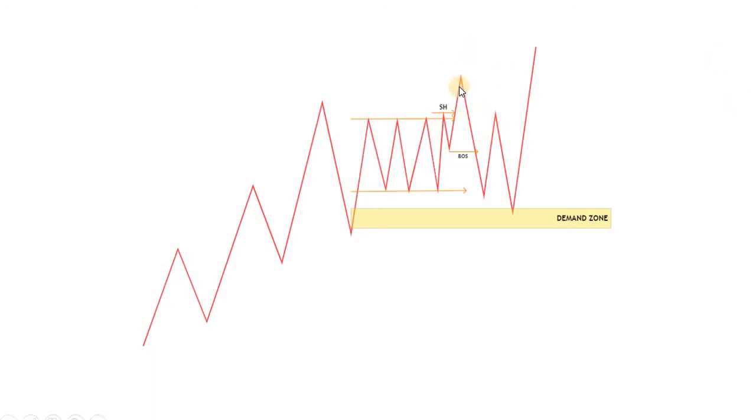Then we have this very bearish move, breakout structure, and possibly there could be an imbalance created, which will give you more reason for price to want to return to mitigate this order block.